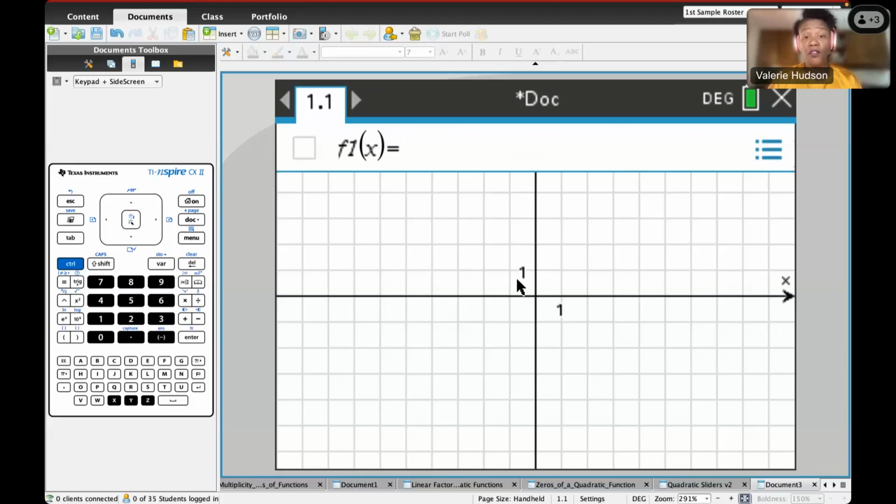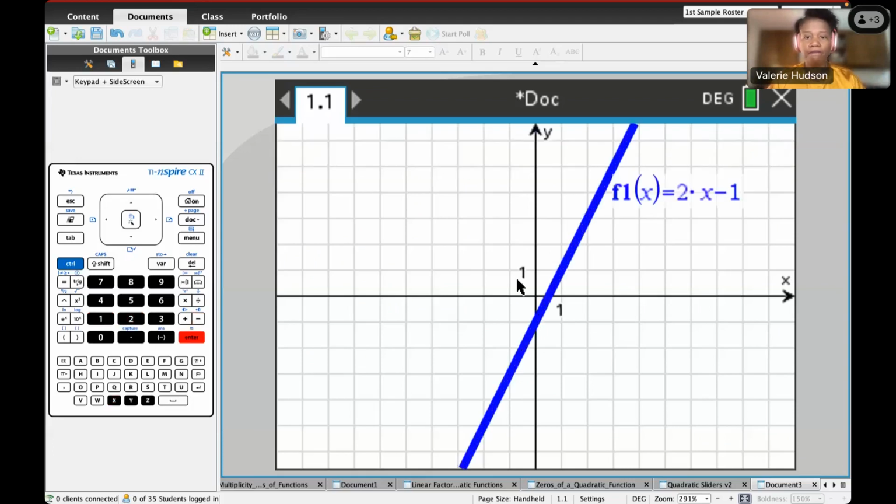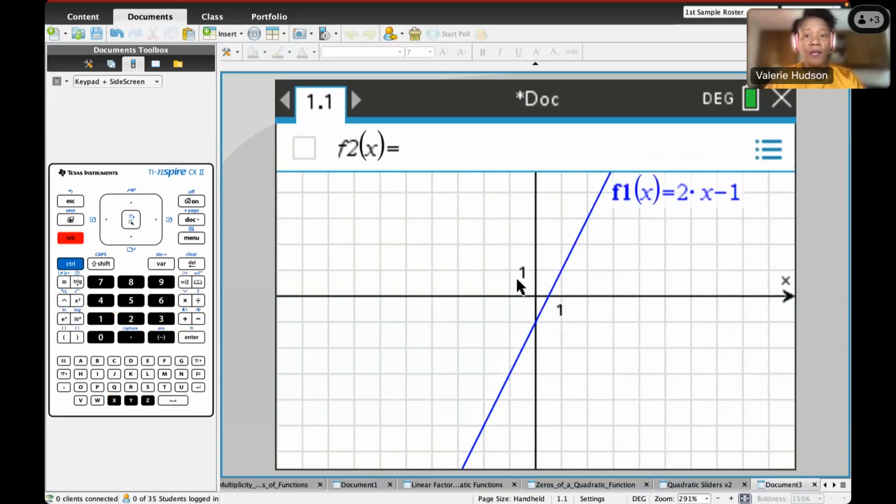All right, so the first thing we need to do is type in a linear equation, whatever equation you like. So I'll just write 2x minus 1. And then we'll type another one. Again, it can be whatever you want, maybe x plus 4.